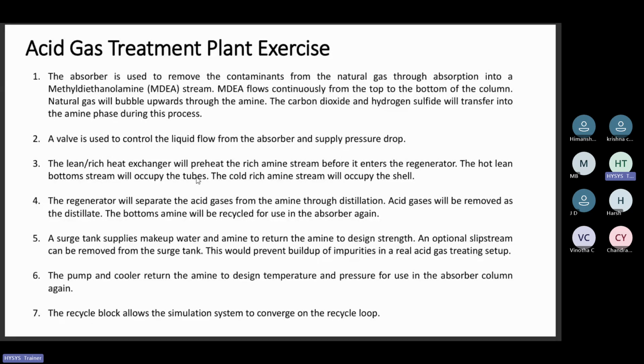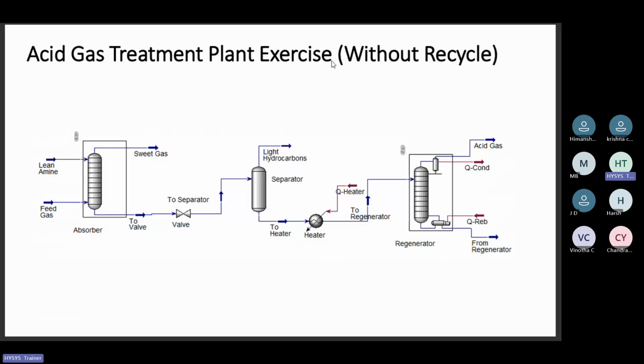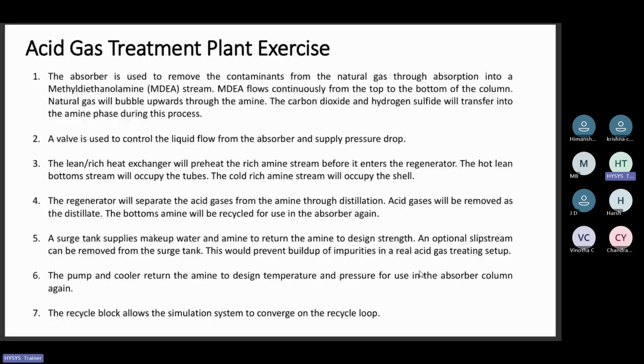So this heat exchanger part we will be using while going through the with recycle exercise. For this without recycle exercise, we will be simply using a heater just to preheat the feed to the regenerator.